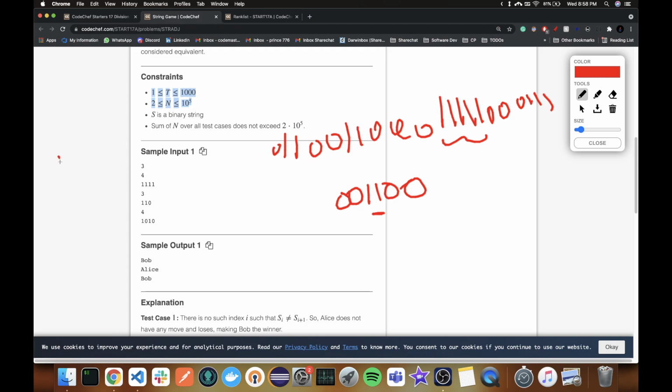But what about this case? Removed, parity changed. Well, what a pain.